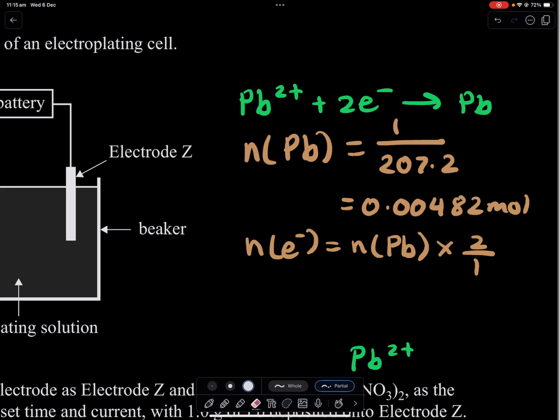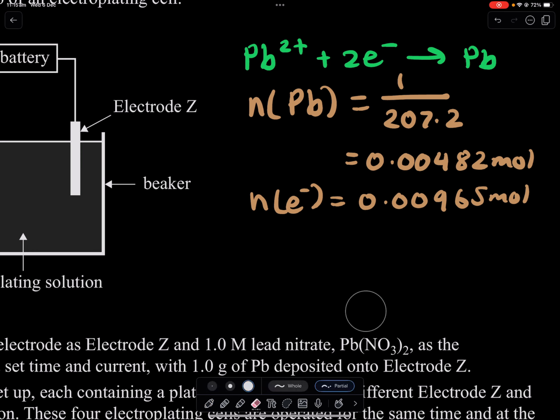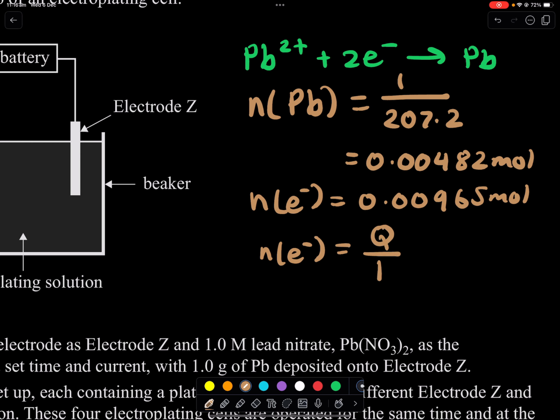We get overall 0.00965 mole. Now that's very easy, and that's very good, because in our formula sheet we have the moles of electrons equal to the charge over Faraday's constant, which is 96,500. So what's this times that to get the charge?